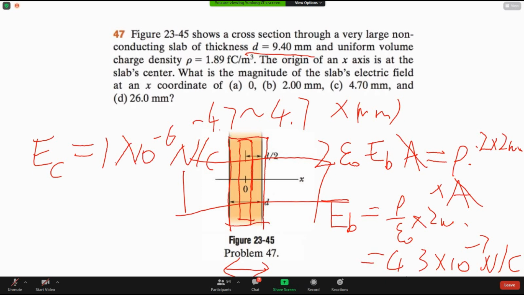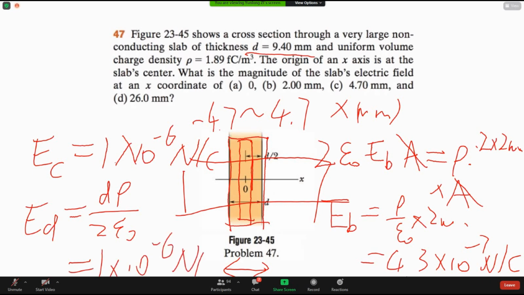So in this case, if you derive, the field would be D rho over 2 epsilon 0, which is about 1.6. In fact, once you are outside the slab, the electric field will be a constant. You can think about that.